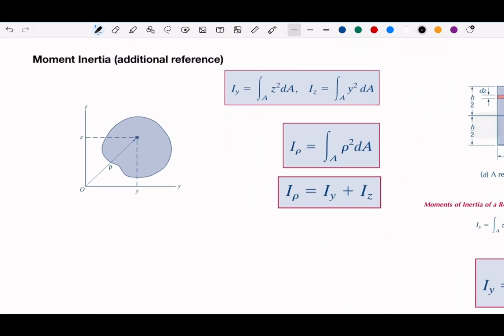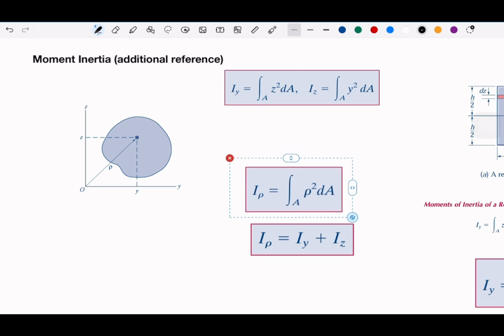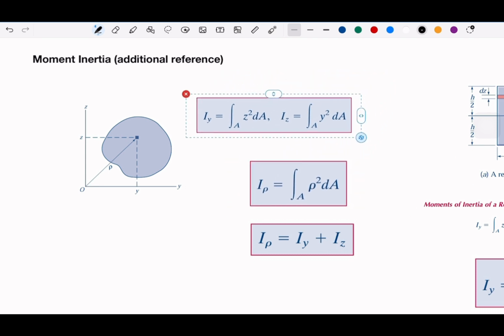So if we take the definition, and if we take this YZ axis as the Cartesian, and we have our body as in this picture here, let's say we have the rho, and we define the inertia for the y-axis by z squared dA, and then we integrate over the area, and for z the same, y squared dA, and then the whole inertia for the rho will be the inertia for y and the inertia for z.